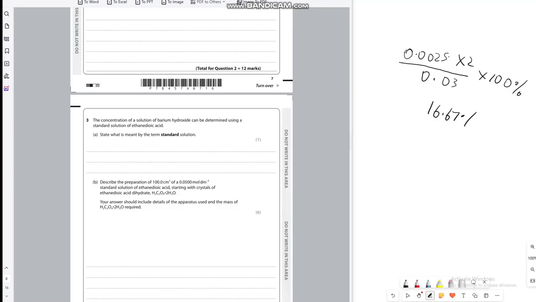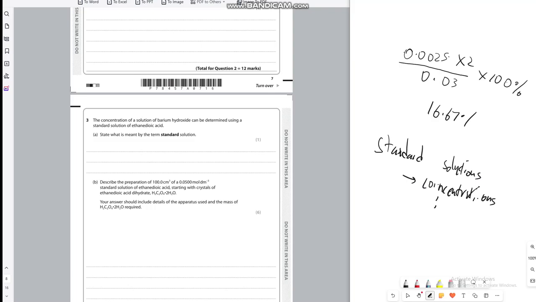Simply, standard solutions are solutions which are stable, which do not absorb water or react, and you definitely have to have this word: the concentration is accurately known. The accuracy is a must. You have to know it really accurately.